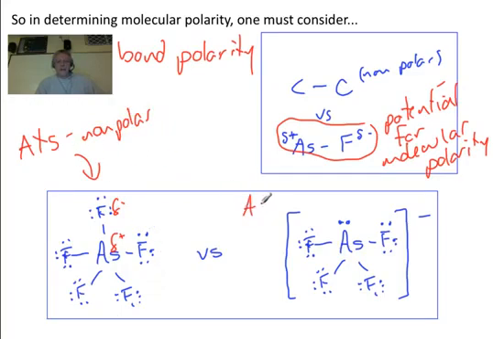Whereas we have something like AX4E with bond polarity, so we still have these polar bonds, but now we have an asymmetrical arrangement of those polar bonds. With that lone pair there, instead of a bond pair, we get a different structure, a different geometry, and that geometry gives rise to a polar molecule. And so the physical properties of these two different species will be different because we now have molecular polarity. And so that finishes this video.